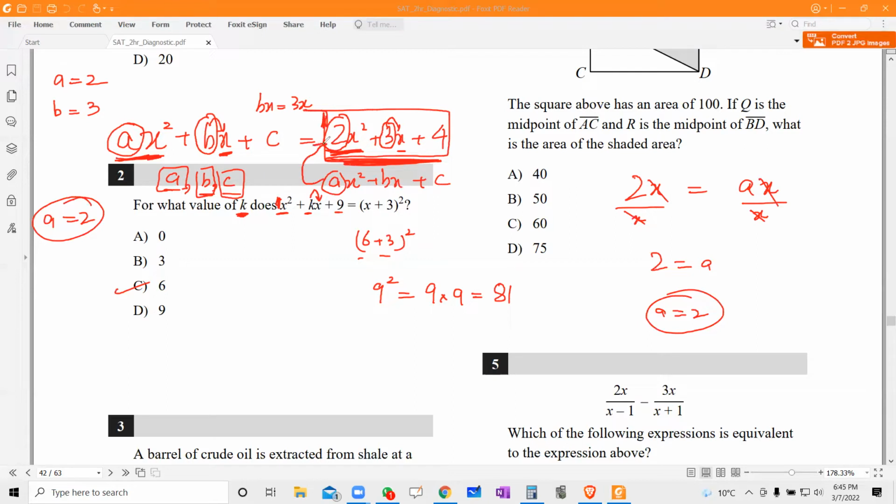A is 2, b is 3, and c is 4. Exactly. So a is 2, b is 3, c is 4. So you got the three unknowns by just comparing the equation with the general form of the equation.